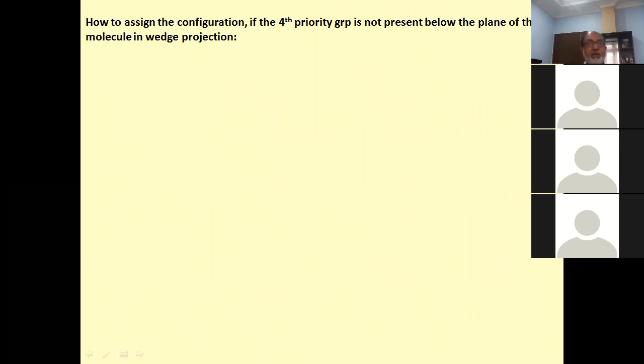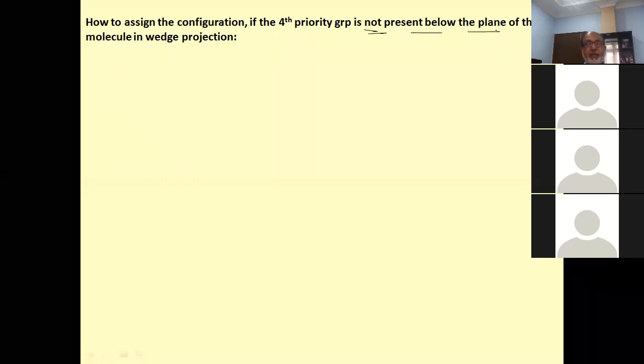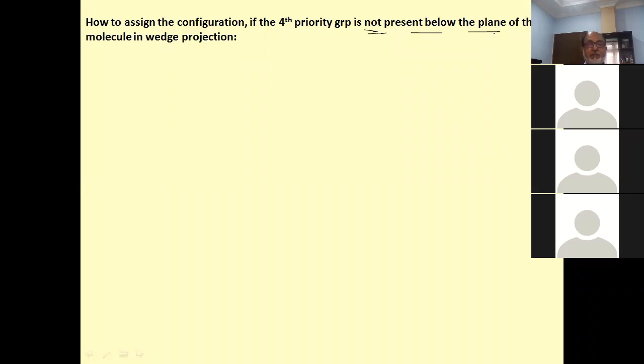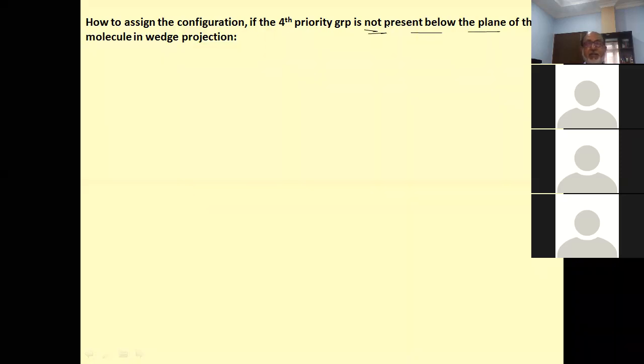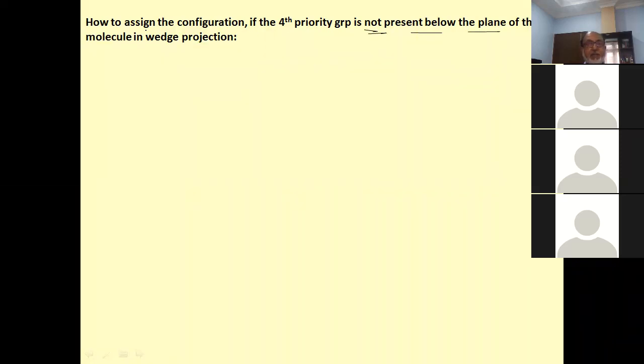Now how to assign configuration if the fourth priority group is not present below the plane of the molecule in the structure.